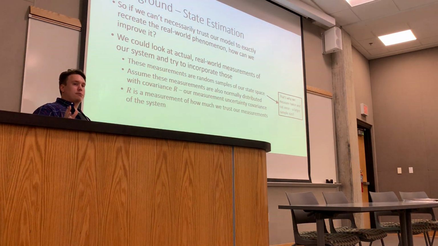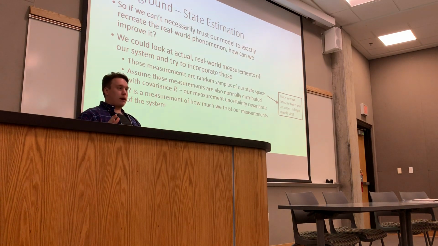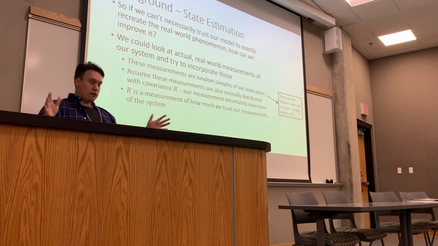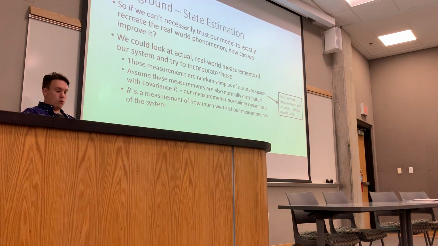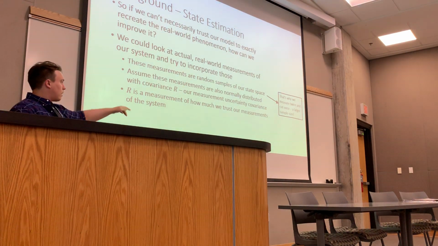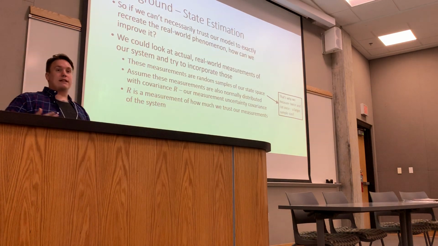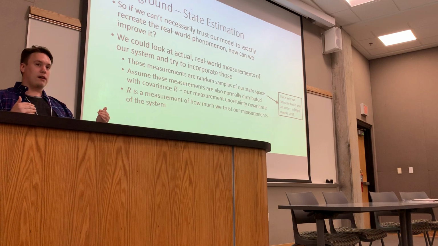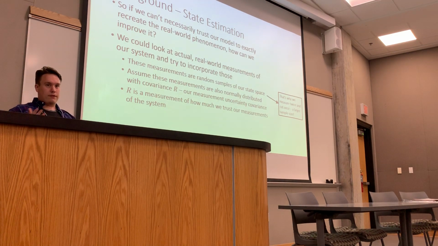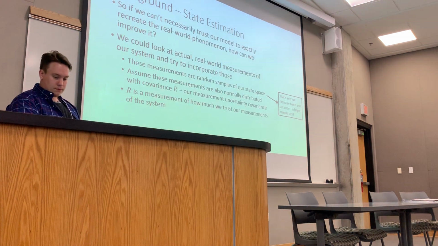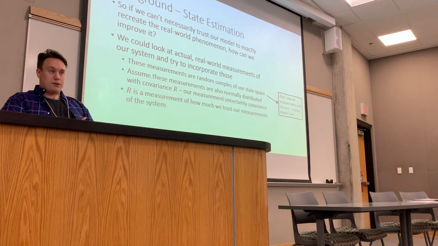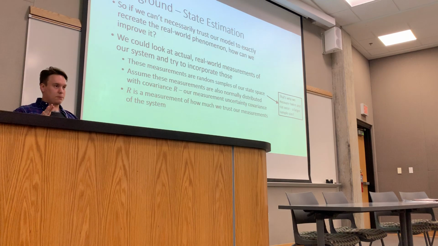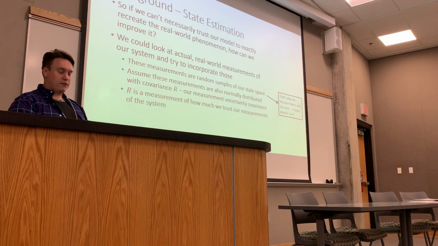So we can assume these measurements also have some amount of error associated with them, and that these errors are, as before, normally distributed with a covariance matrix R, and R is telling us how much we trust our measurements. Ideally, we trust our measurements a lot and our model a lot, but this is a way to combine those two. So right now we're going to just go through how the Kalman filter works because it's a little bit complicated. I've tried to simplify it as much as I can.